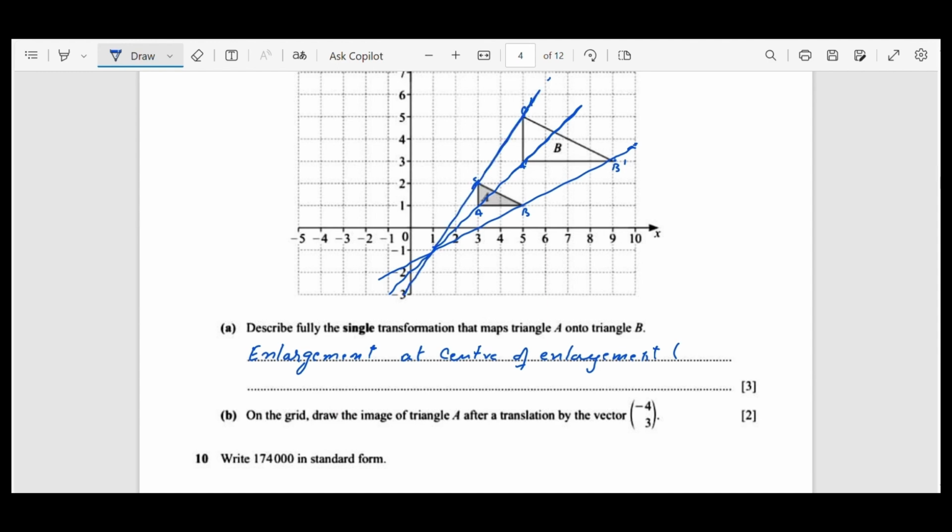Right, so it is 1 and minus 1. So center of enlargement is 1 and minus 1. And we have to find the scale factor.